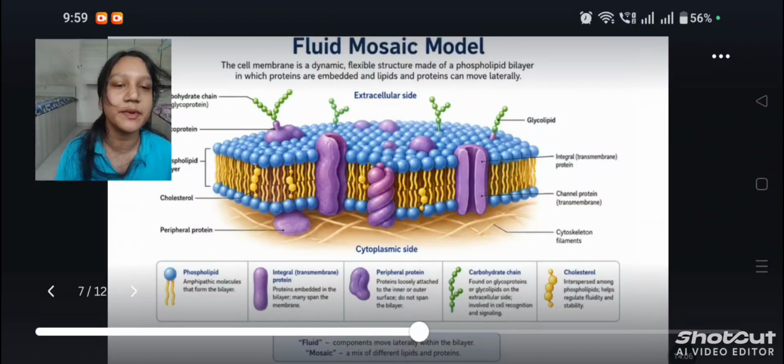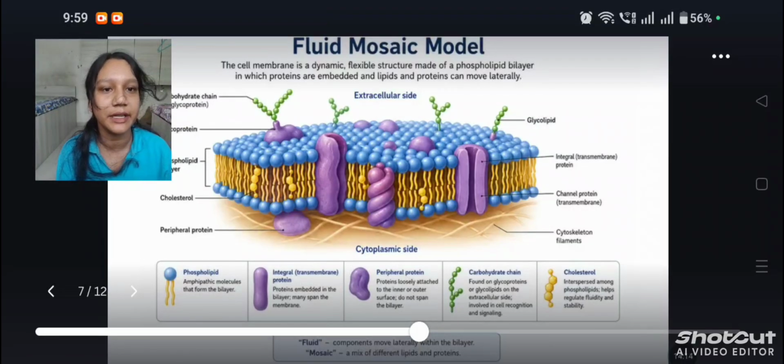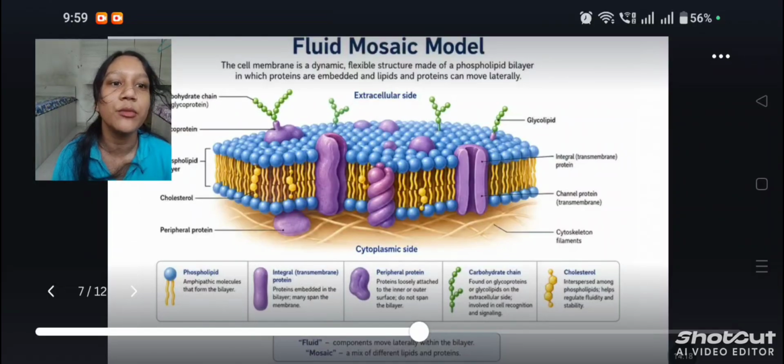There is also cholesterol present in the structure, interspersed among the phospholipids, which helps regulate fluidity and stability. As you know, fluid means components move laterally within the bilayer, and mosaic means a mix of different lipids and proteins, and that is how the scientists named it the fluid mosaic model.